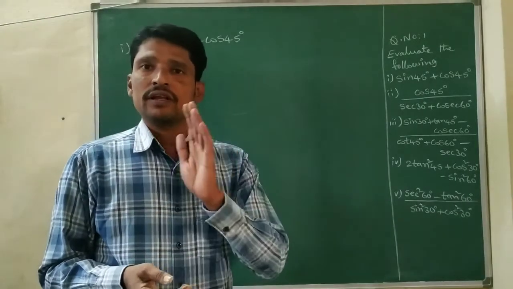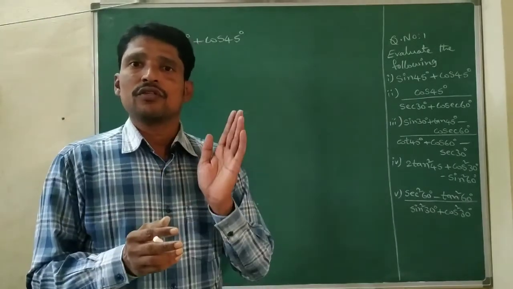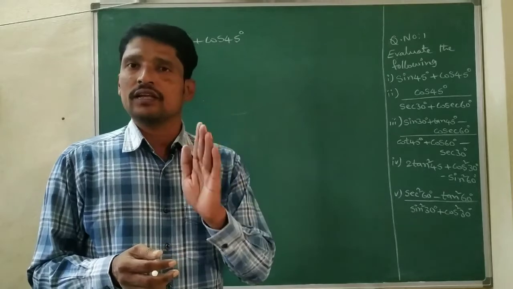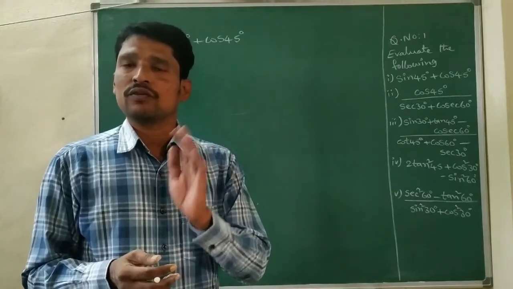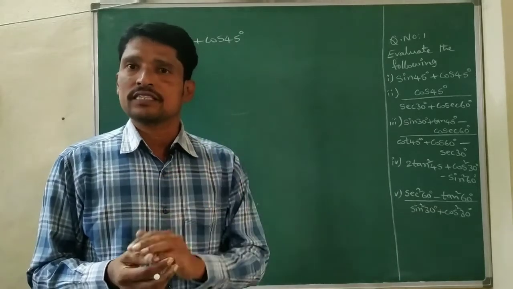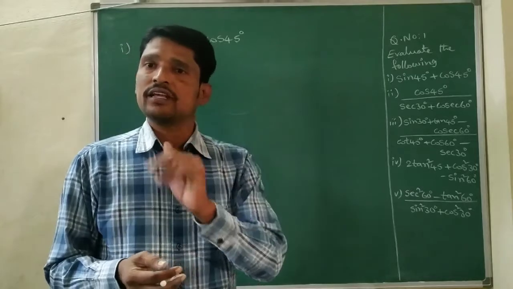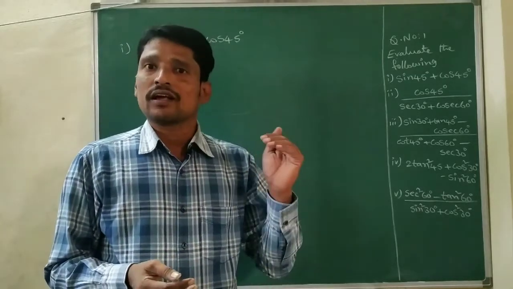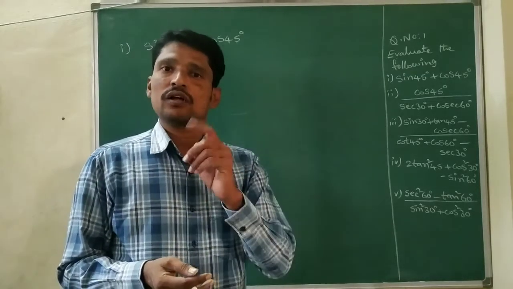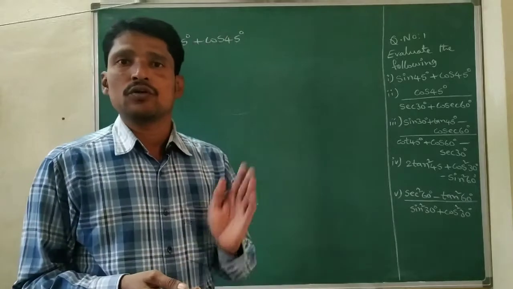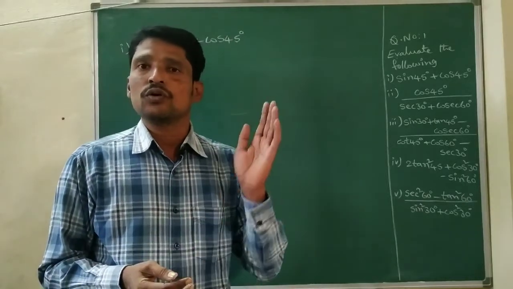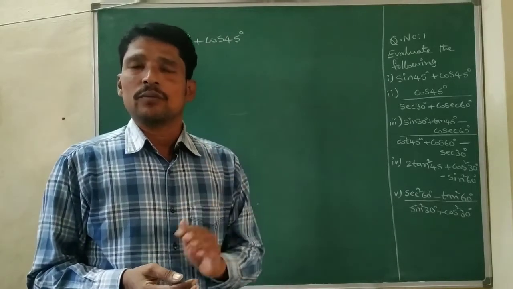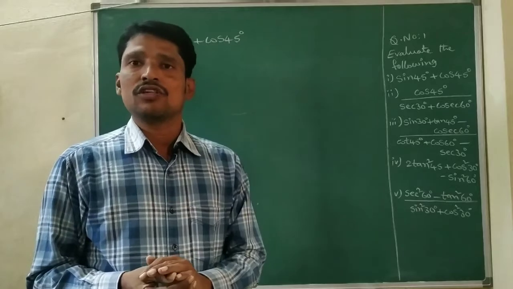We know the trigonometric values, that is sin 0 is 0, sin 30 is 1 by 2, sin 45 is 1 by root 2, sin 60 is root 3 by 2, sin 90 is 1, as well as cos also. So cos 0 is 1, cos 30 is root 3 by 2, cos 45 is 1 by root 2, cos 60 is 1 by 2, cos 90 is 0.